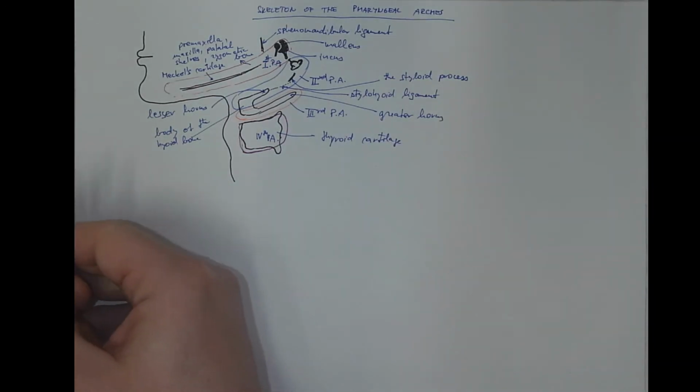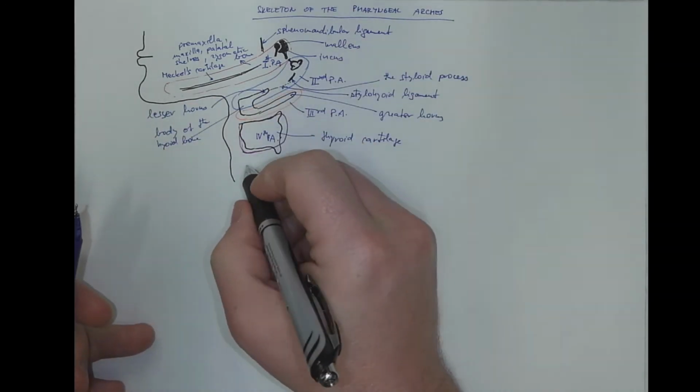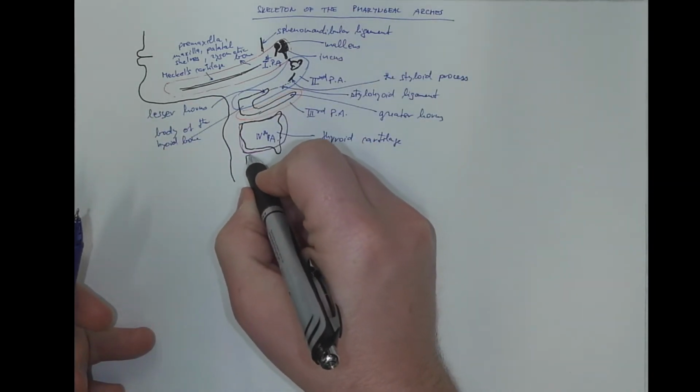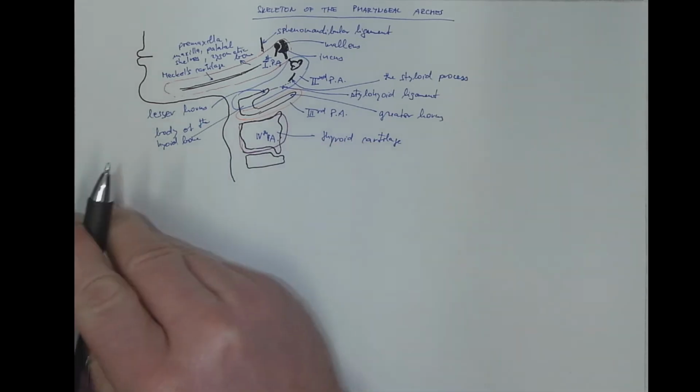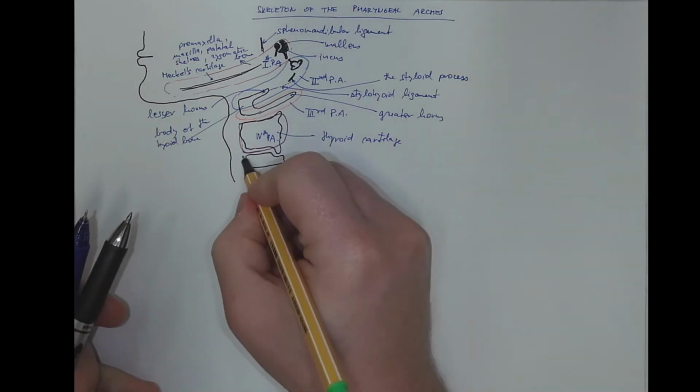And the sixth pharyngeal arch mostly forms the cricoid cartilage. Let's use green for that.